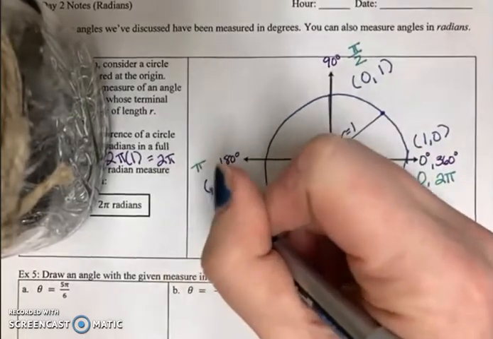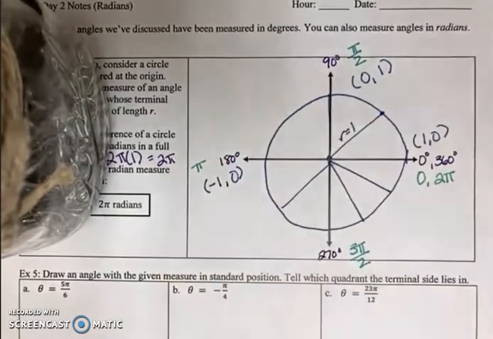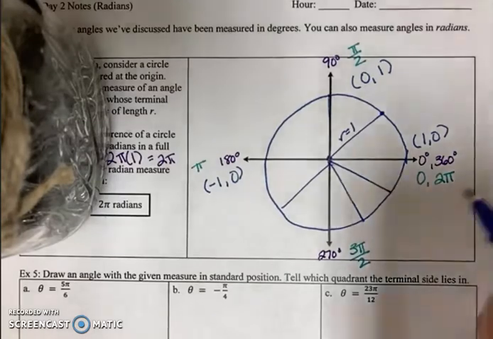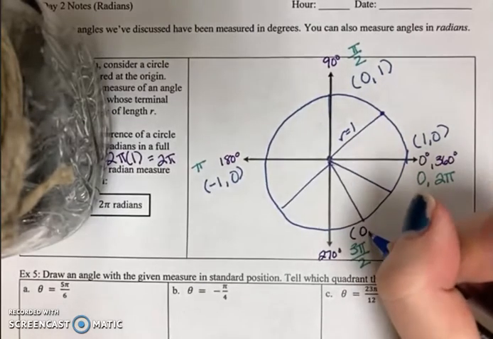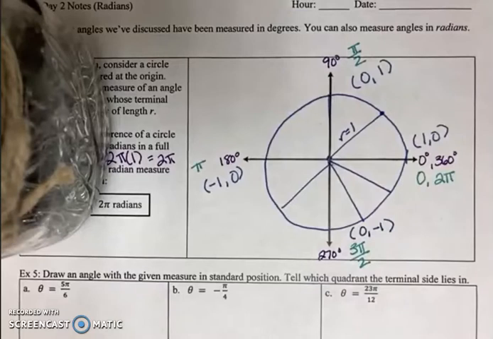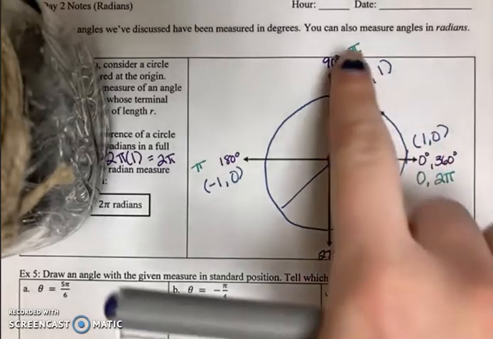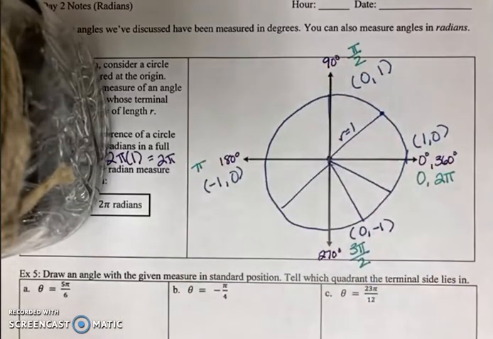Now moving left is a negative movement affecting the x value, so it's -1, 0. And lastly, at 270, or 3 pi over 2, we are moving down 1 from the center, so that would give me a coordinate of 0, -1, because moving down is a negative movement. Okay, so now you know all of the quadrantal angles in degrees, in radians, and its actual coordinates.